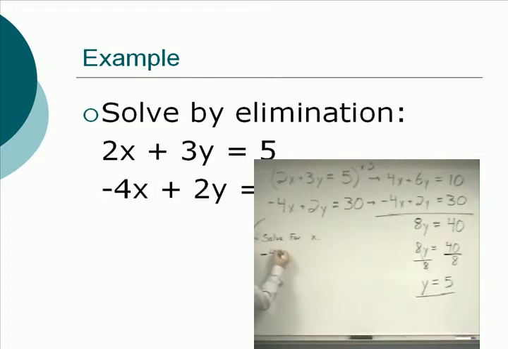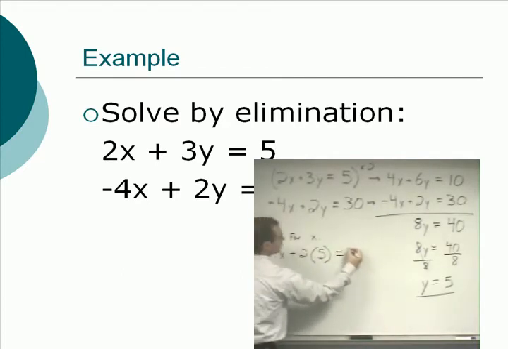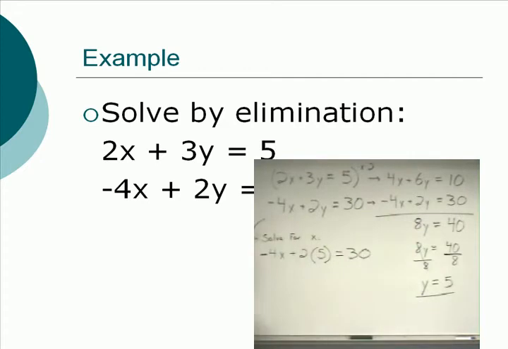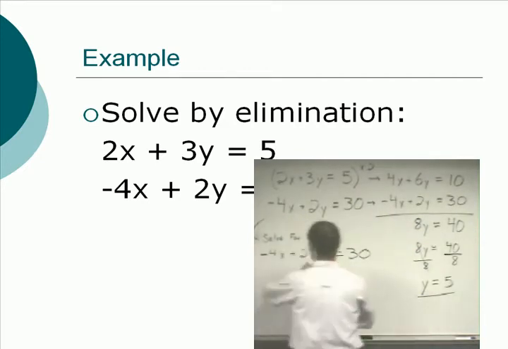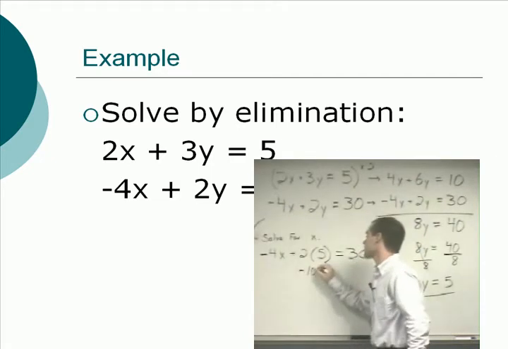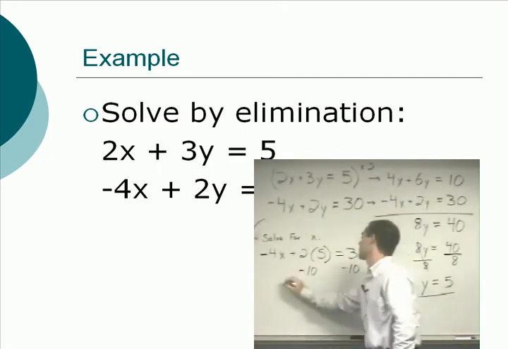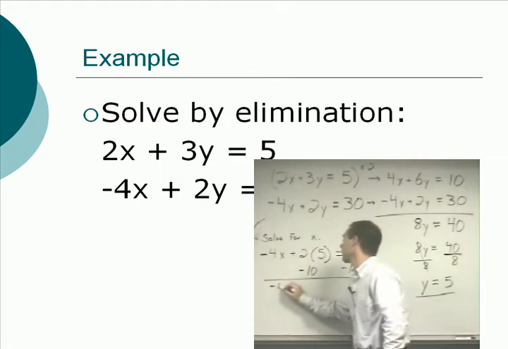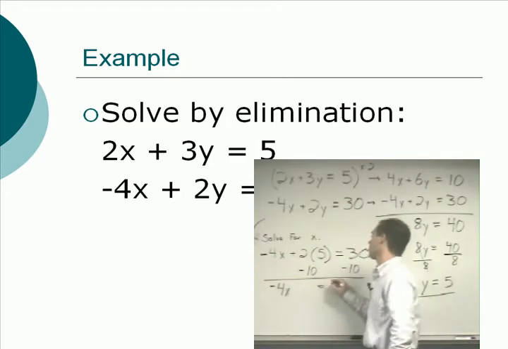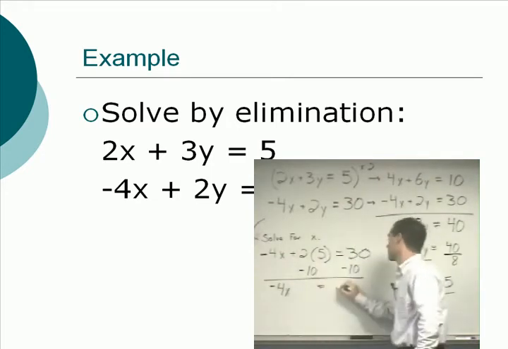We know that negative 4x plus 2 times, not y anymore, but 5 equals 30. So 2 times 5 is 10. We can subtract 10 from both sides here. And we have negative 4x equals, those are gone, 20.